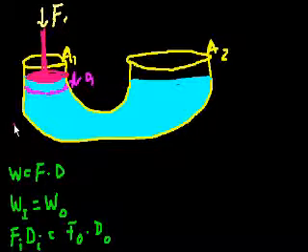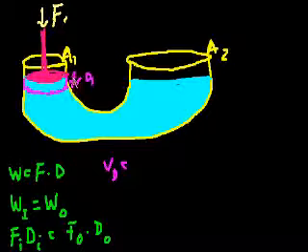But let me ask you a question. How much total water did I displace? Well, it's this volume, right? I took this entire volume and pushed it down. So the volume that I'm displacing is like a cylinder of liquid: this distance times the area of the container at that point.